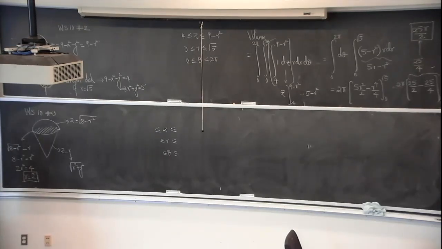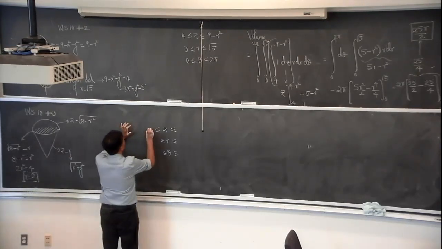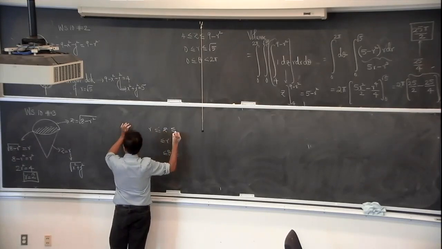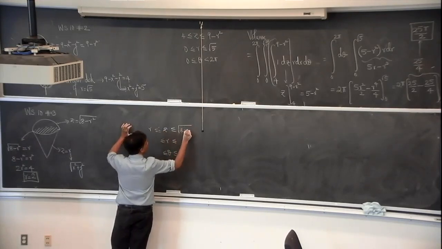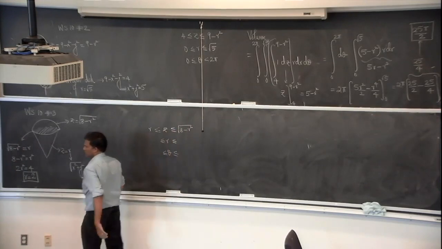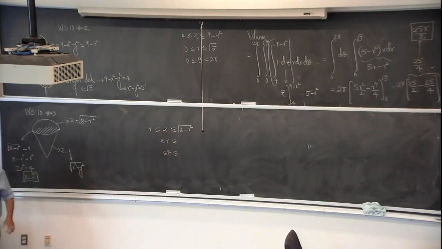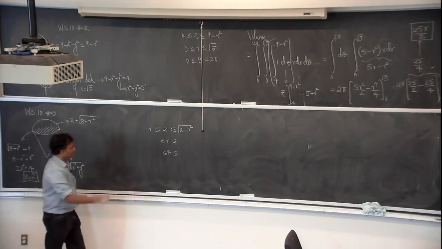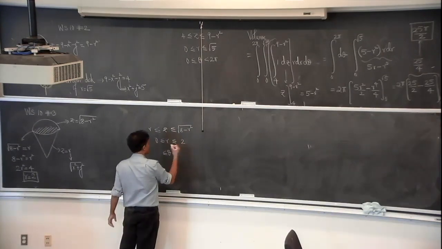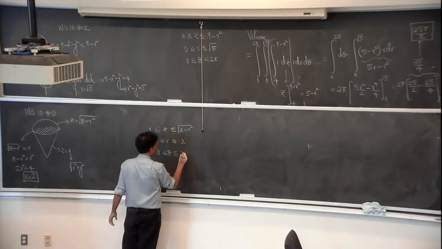From r to the root of 8 minus r squared. Good. That square root will be a little bit annoying for us, but not too bad. So it goes from r to the square root of 8 minus r square. And we talked about the intersection of these two in the last lecture. It gives you the circular disk of radius 2. So the r limits would be from 0 to 2, theta from 0 to 2 pi.